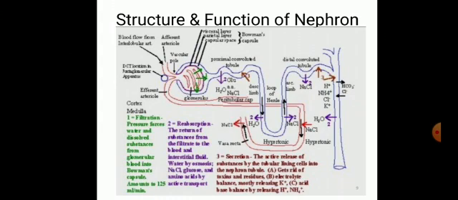Reabsorption takes place at the proximal convoluted tubules. The return of the substances from the filtrate to the blood and interstitial fluid is known as reabsorption, and water by osmosis, and sodium chloride, glucose, and amino acids reabsorption occurs via active transportation.